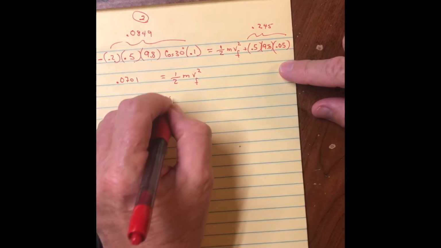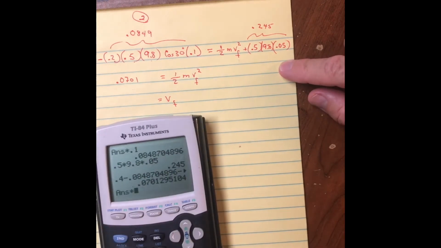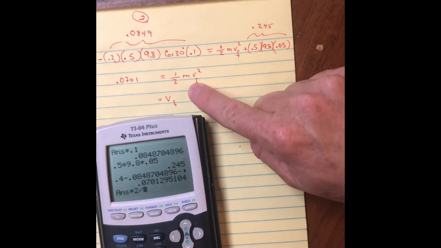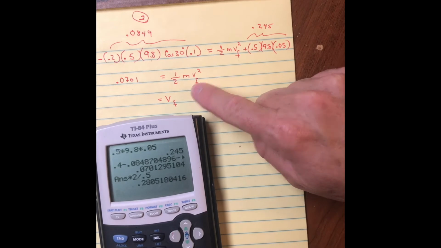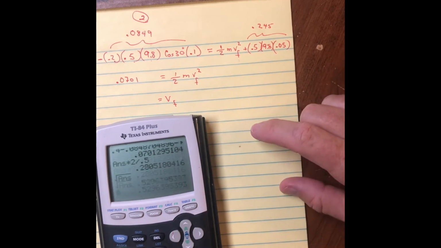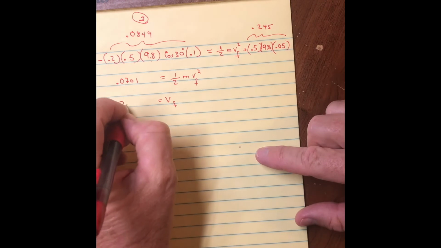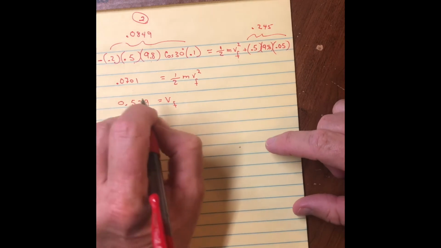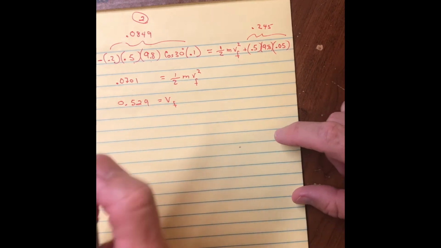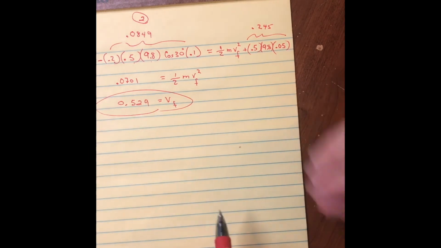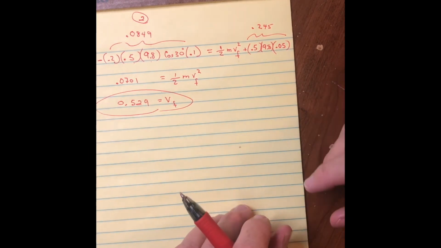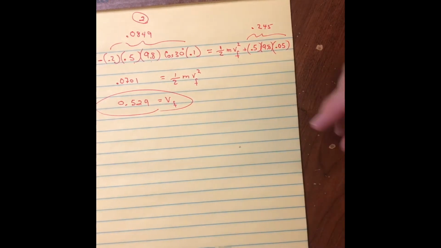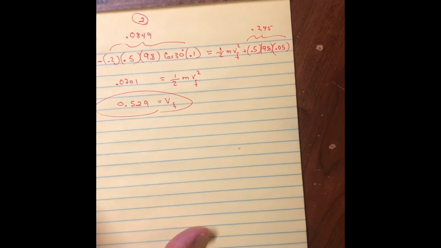And then, if I multiply it by 2 and divide by the mass, which is 0.5, I would get the velocity squared. And then taking the square root would be 0.529. Okay. So there would be the velocity when it gets back to its main point, or its natural length is what I should say. Its equilibrium point. That's what I'm looking for.